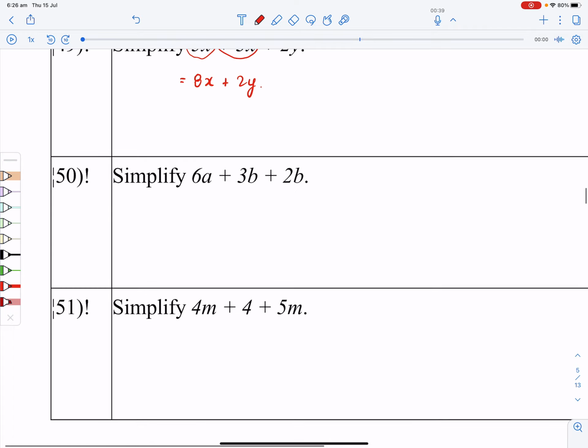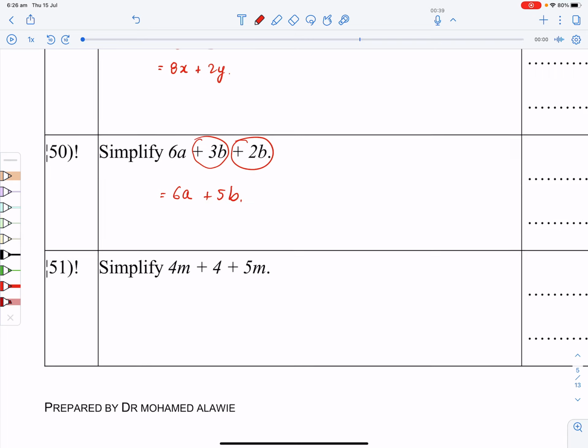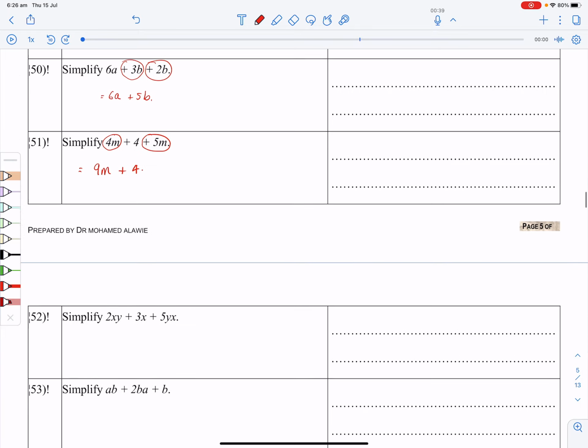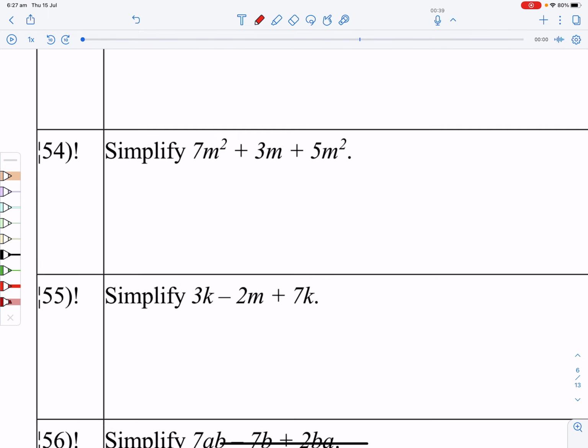Next one, question 50. The like terms are the 3b and the plus 2b. So now we'll leave the 6a alone and the 3b plus 2b becomes 5b. Question 51. Here are the like terms. 4m plus 5m is 9m. So that is simplified to that and put the plus 4 back. Let's go to question 54.